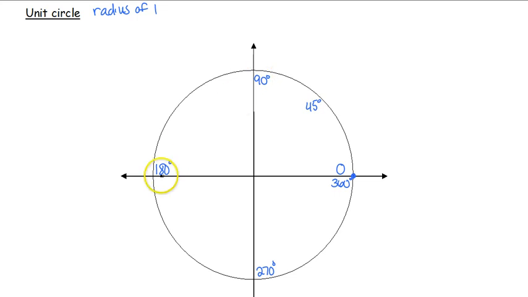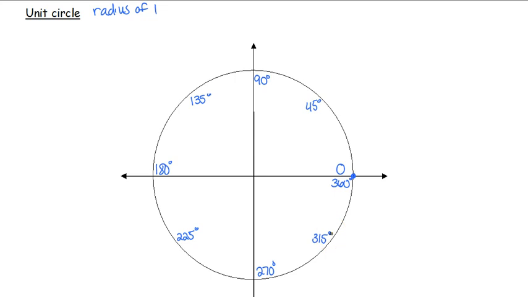Halfway between 90 and 180, we just add another 45, is 135 degrees. Halfway between 180 and 270, 45 degrees past 180, is 225 degrees. Halfway between 270 and 360, add another 45 to 270, gives us 315 degrees.